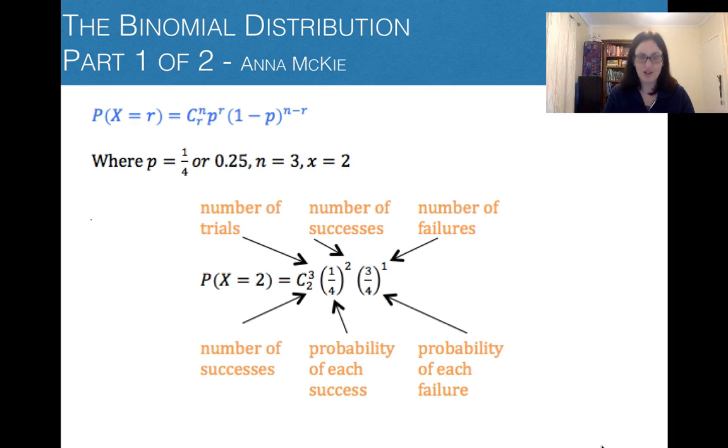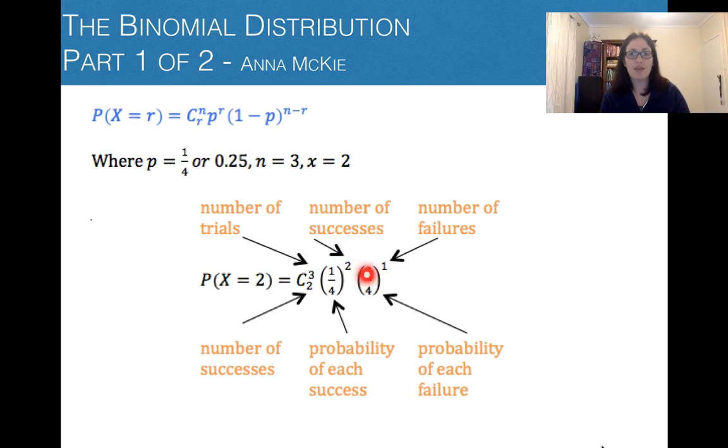So let's break all these numbers down. Our NCR at the top has N as the number of trials, so there were 3 questions in total. We wanted 2 successes, so that 2 goes there. That 2 is also the same as this 2 up here, the number of successes.